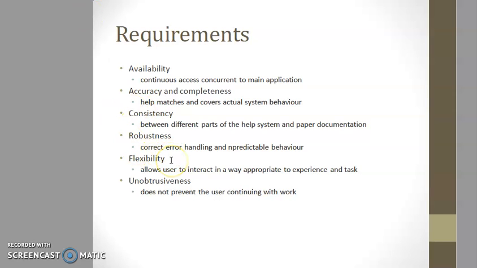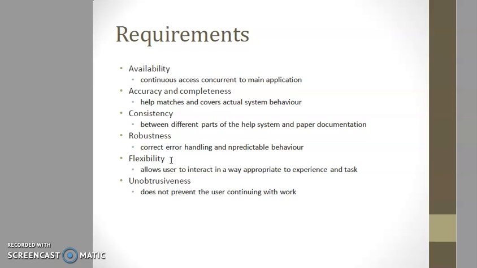Fourth is robustness. Help systems are often used by people who are in difficulty, perhaps because the system is behaving unexpectedly or has failed. It is important then that the help system itself should be robust, both by correct error handling and predictable behavior.